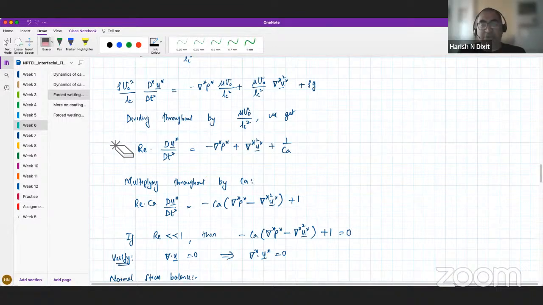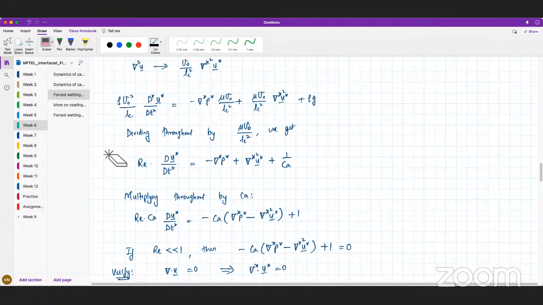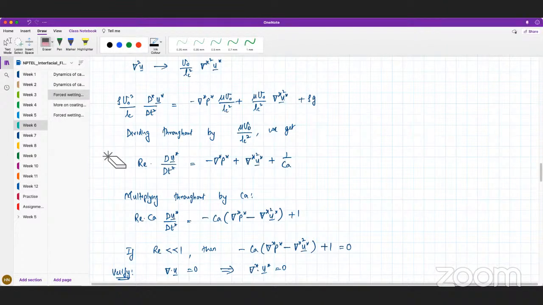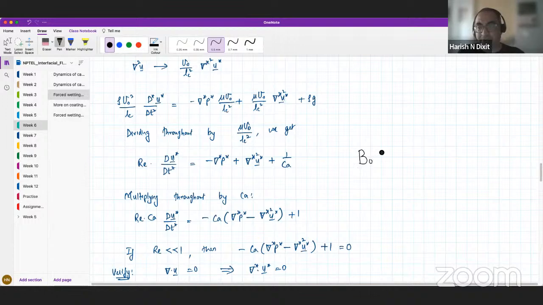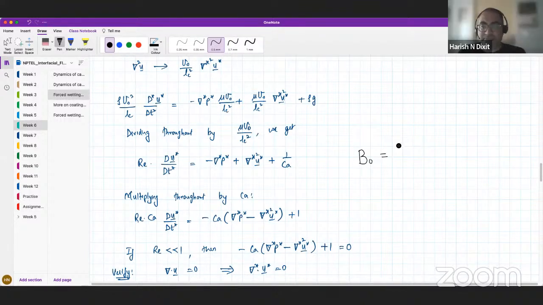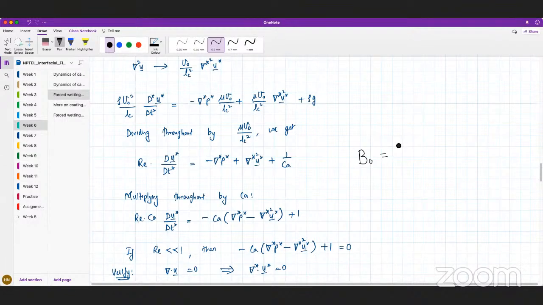Okay, what was the formula for the Bond number? I'm asking you, what is the formula that you got? You have got a Bond number, right? The Bond number will be the ratio of gravity force by surface tension force.